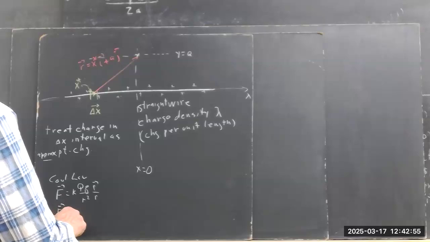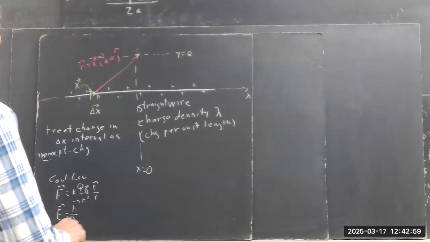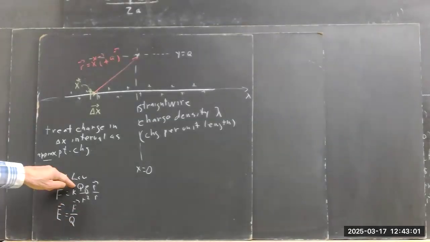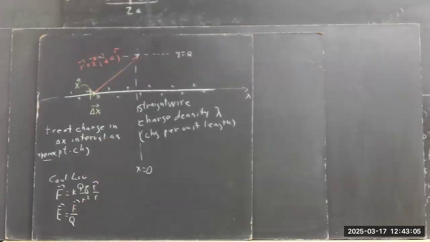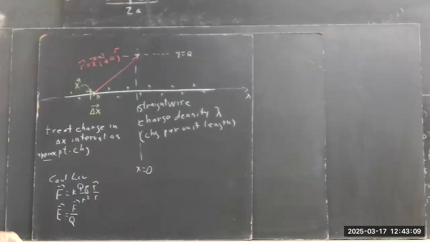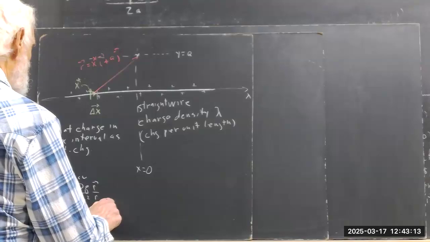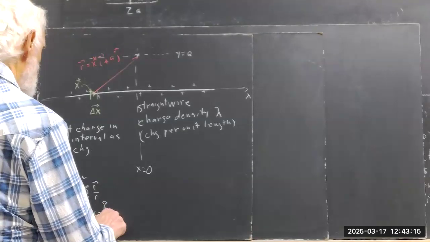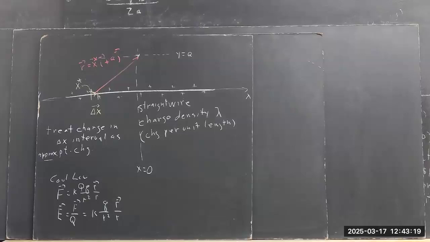Electric field is a force over your test charge. I'm assuming big Q is a test charge out here. So you can always invoke a test charge and then divide it out if you want to find the electric field. But you're going to get k times q over r squared, and the r vector over r.